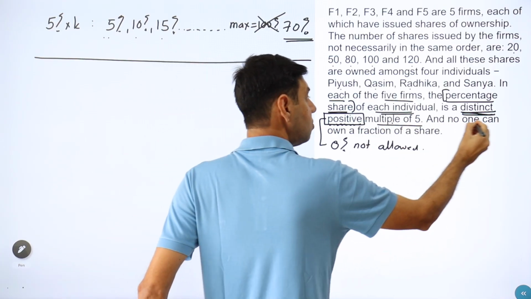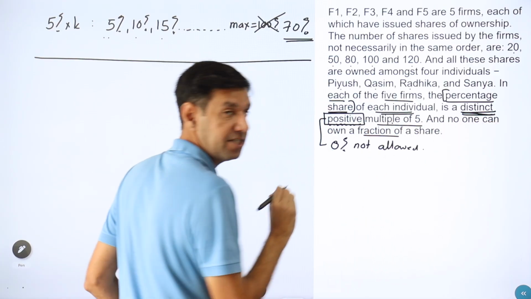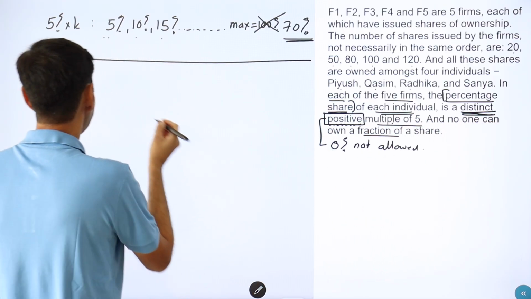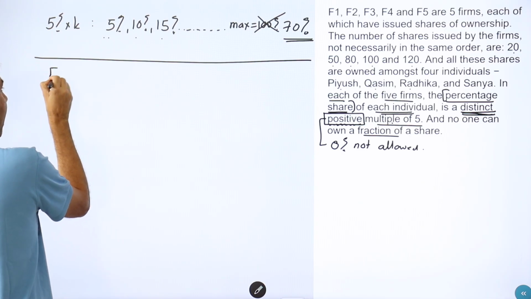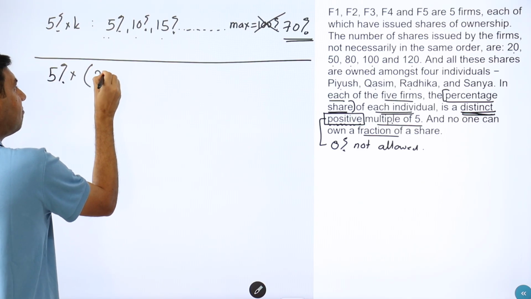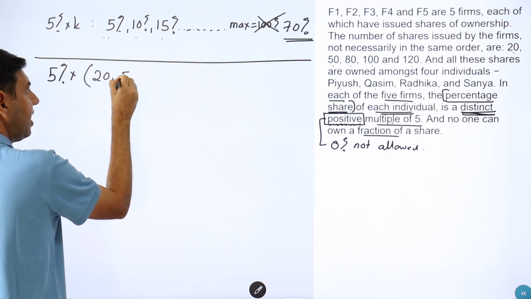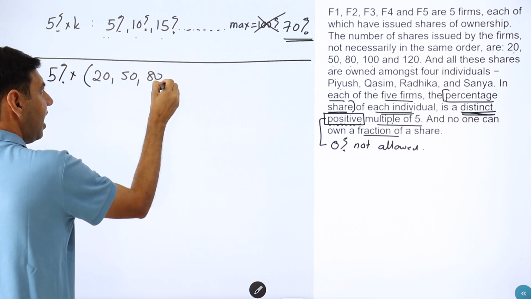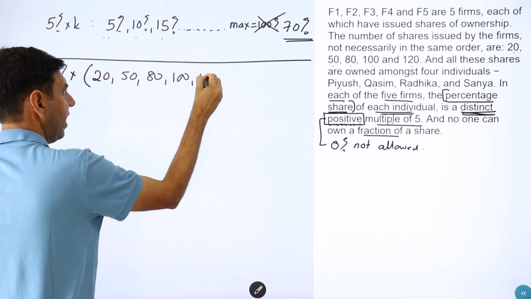And then it also says that no one can own a fraction of a share. If no one can own a fraction of a share, I would surely have done 5% of each of these numbers given: 20, 50, 80, 100 and 120.